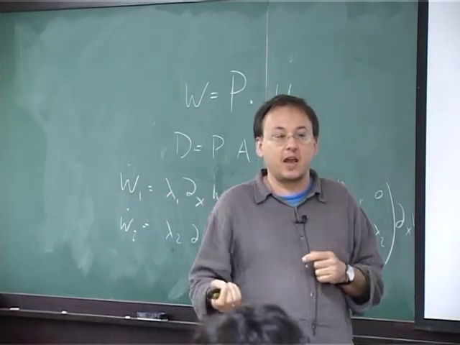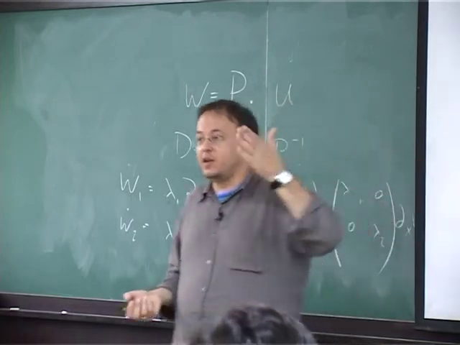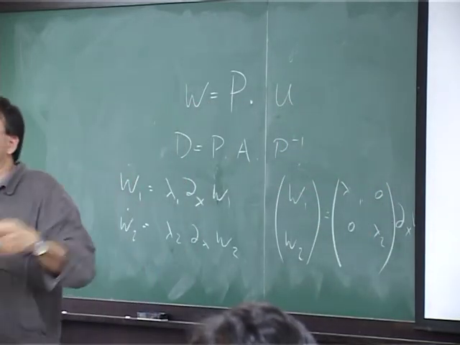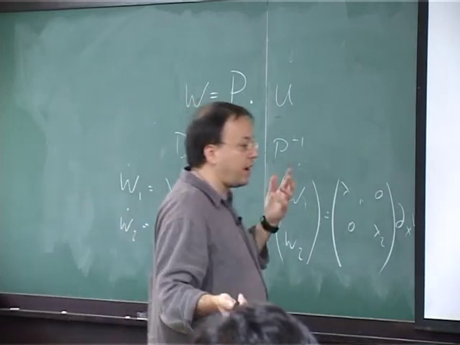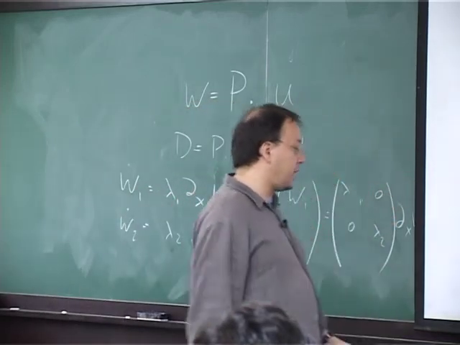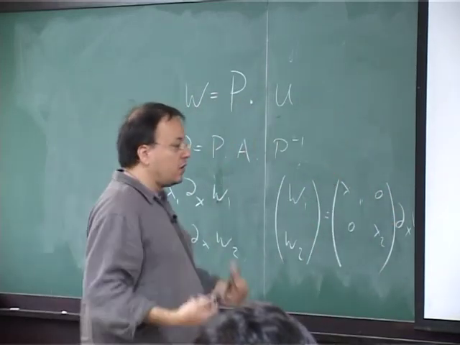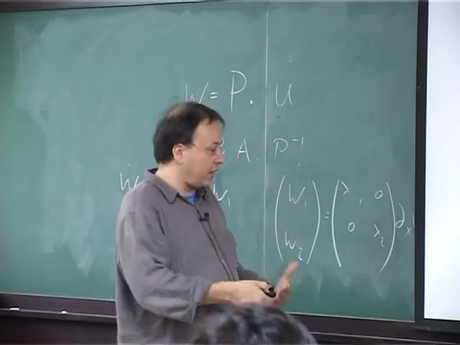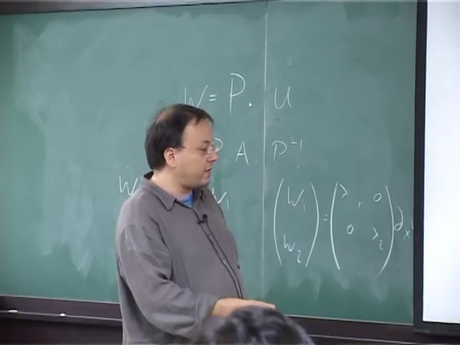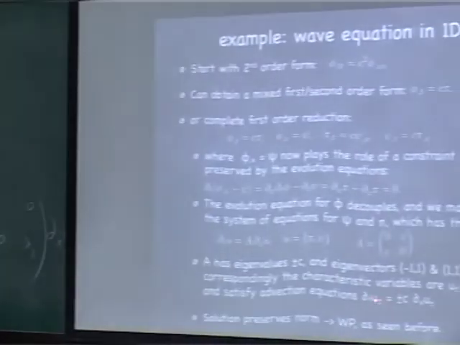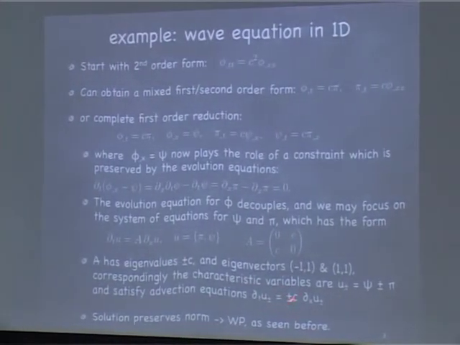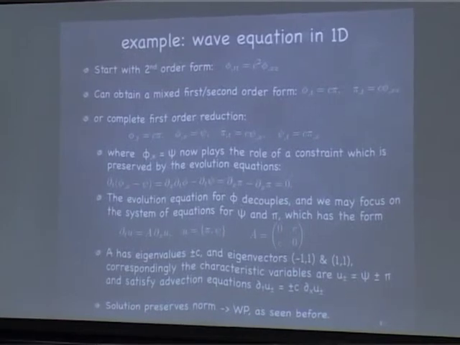Pi minus psi is the same, because eigenvectors are only defined up to multiplication with a number, so you can use psi plus pi, psi minus pi, or pi minus psi, as you like. And then these variables satisfy these advection equations. So the time derivative of u plus or u minus is plus or minus c dx of u plus minus. Okay?